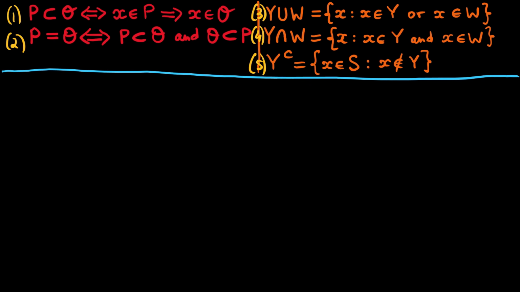So let's start by proving commutativity. I'll alternate between the unions and intersections because they're very analogous, and there's no need to do both.